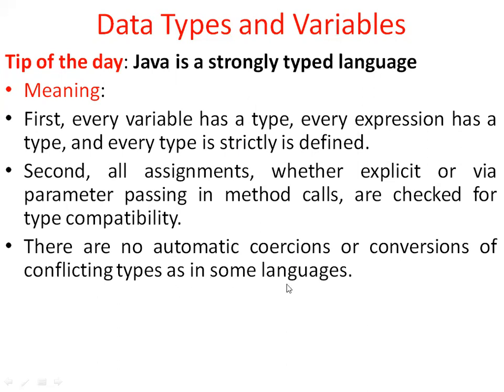In some languages, some internal conversion happens automatically: if you assign different data types, one type will be converted to the other type automatically. But in Java, no automatic coercion or conversion happens. So you must assign only compatible types to each other.